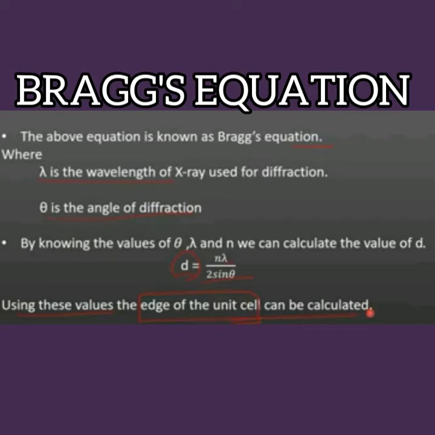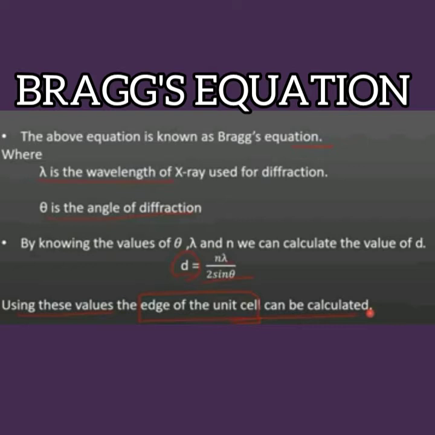Where n represents the order of reflection, lambda represents the wavelength of X-rays which is used for diffraction, theta is the angle of diffraction, and d, which we have to determine, is the interplanar distance between the two successive planes. n lambda equal to 2d sin theta.